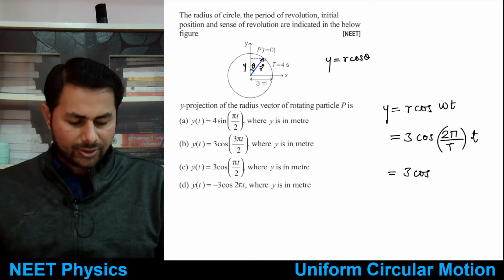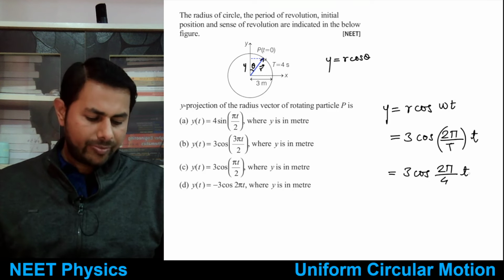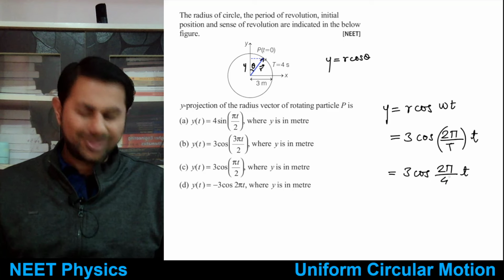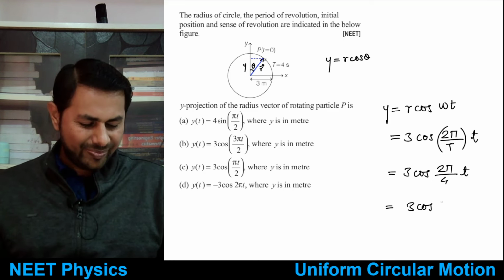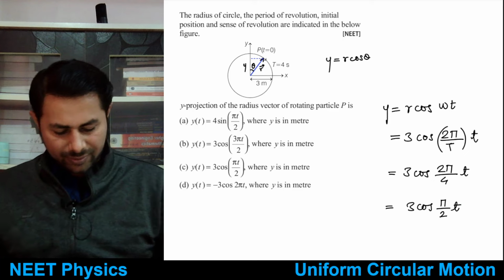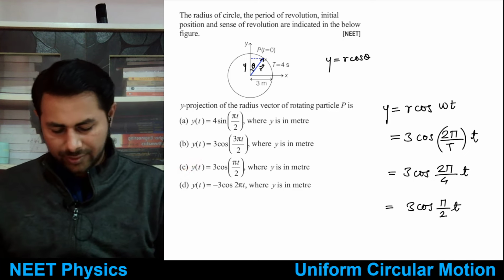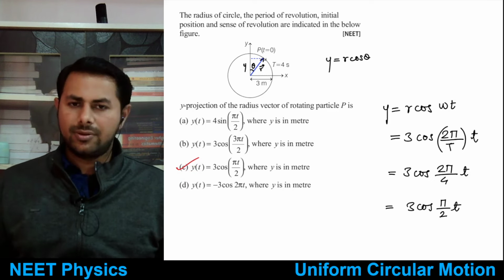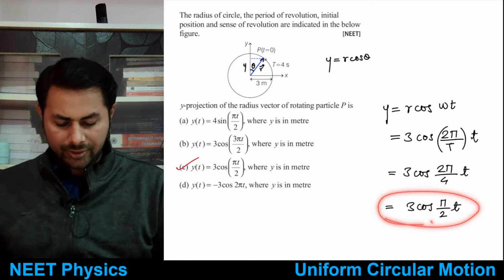So 3 cos of 2 pi divided by 4, times t. 2 by 4 means 1 by 2, so pi by 2. So it is 3 cos of pi by 2 t. This is the answer, so it is option C. Got it? Yes, no?